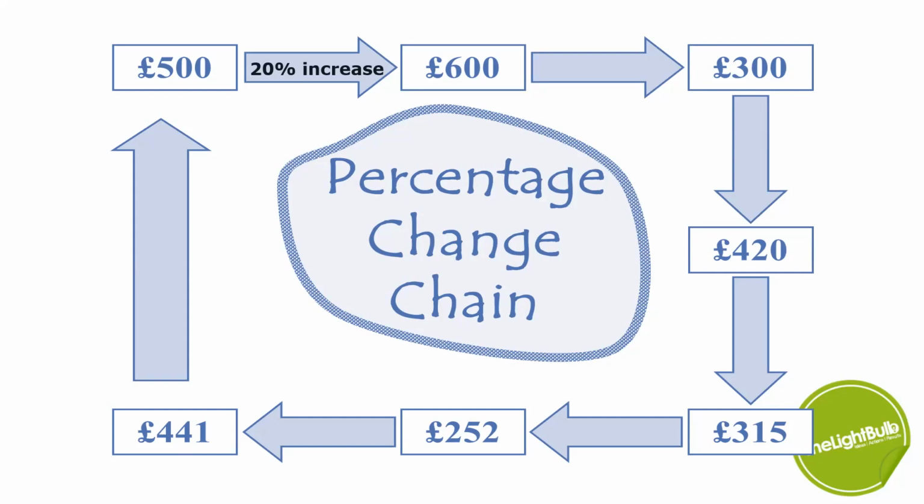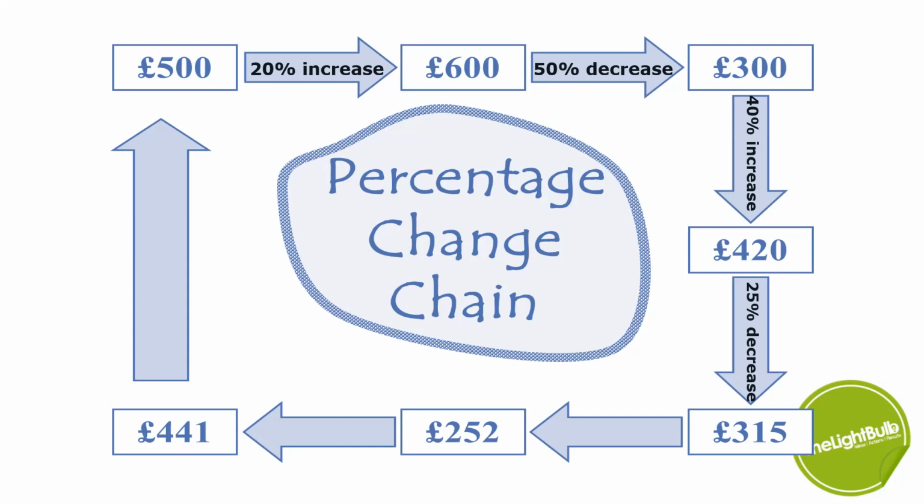The second one is the difference of 300 divided by 600 and times 100 is a 50% decrease. And the next one is £120 divided by £300 times 100 gives us a 40% increase this time because we're going up. Then from 420 down to £315. Well, the difference is £105 divided by £420 times 100 is a 25% decrease.